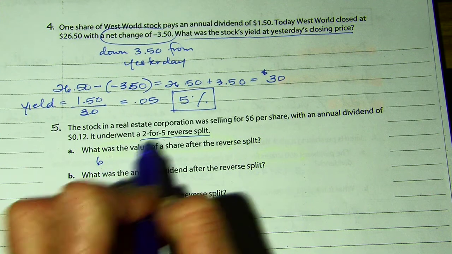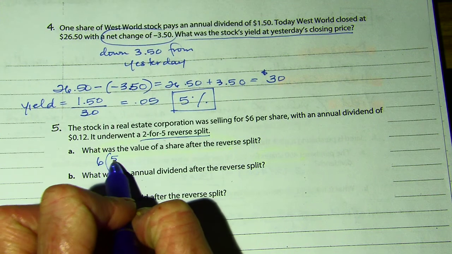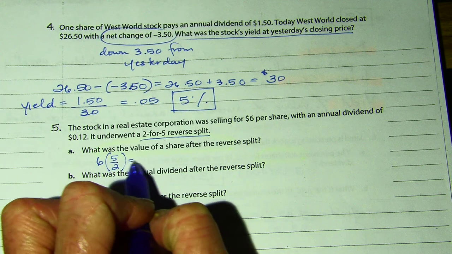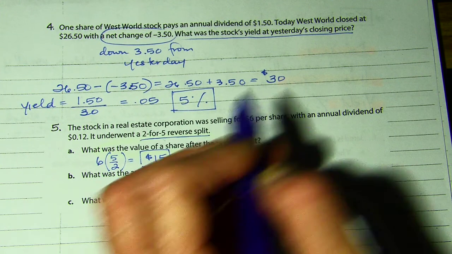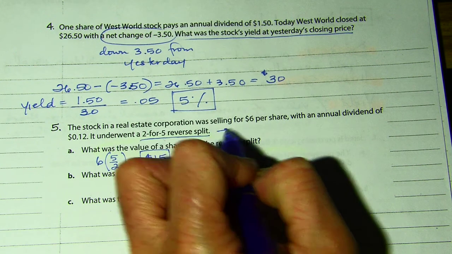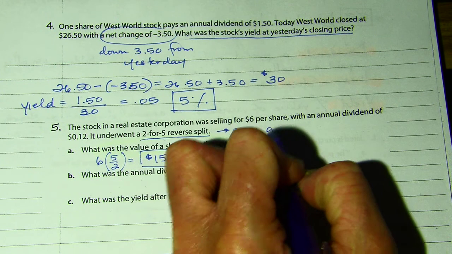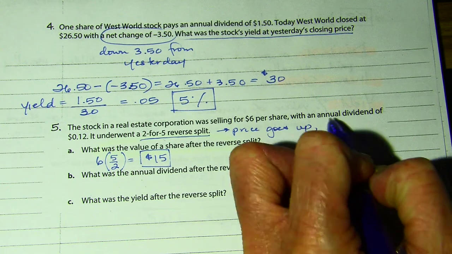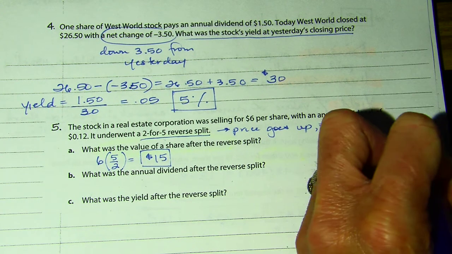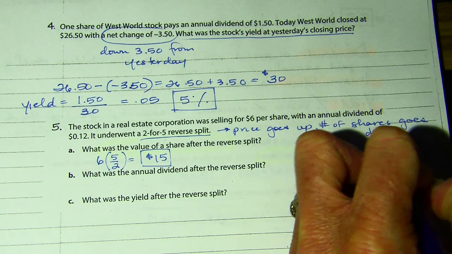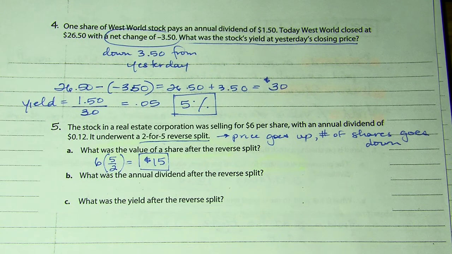Remember, you flip the order when it comes to price. So 5 over 2, which would give me $15. So the price goes up. In a reverse split, price goes up, number of shares goes down. So it's the exact opposite of a regular split.